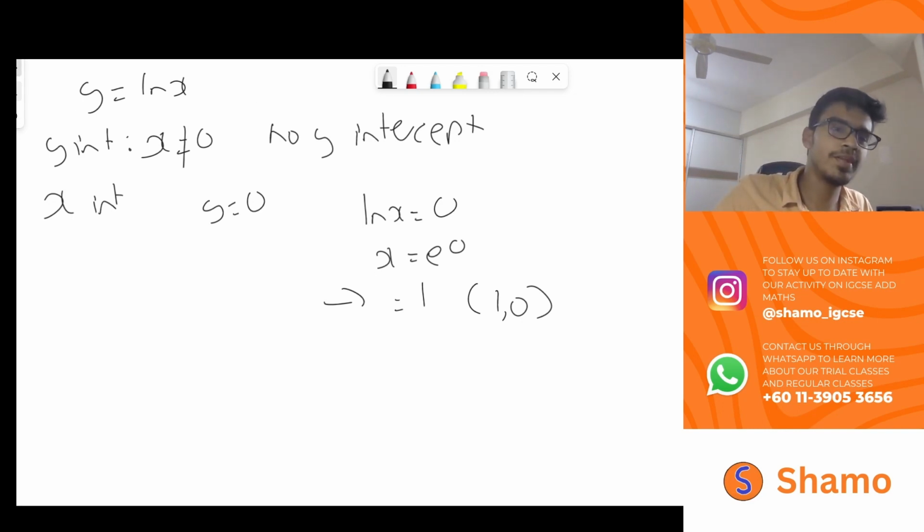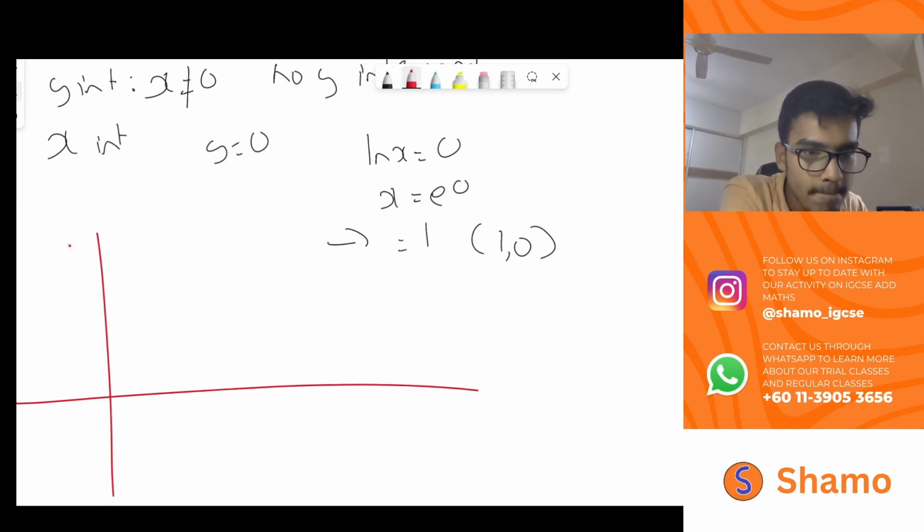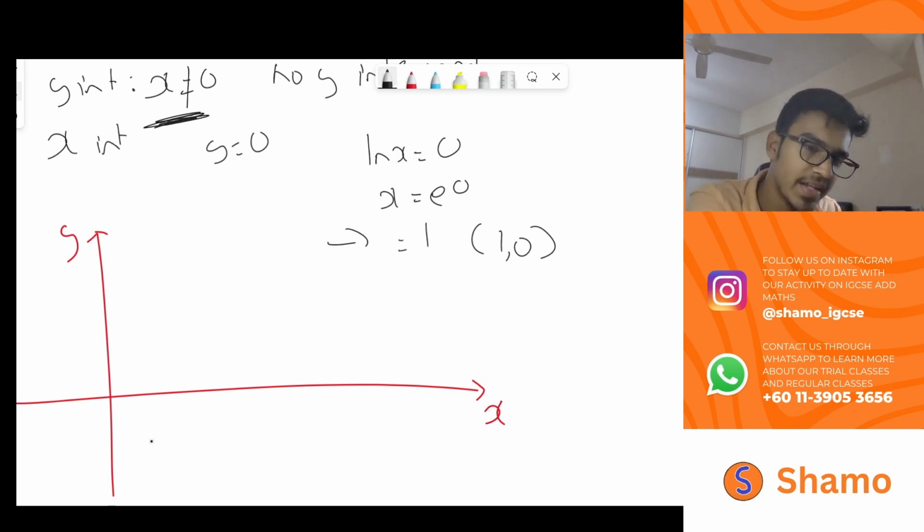Now, we know one point. Let's try to understand the shape of the graph. Let's use red this time. This is y, and this is x. In this case, you think there'll be an asymptote. We know x can never be 0 and x can never be negative, so forget about this side. I will cross this side out because x can just never be negative.